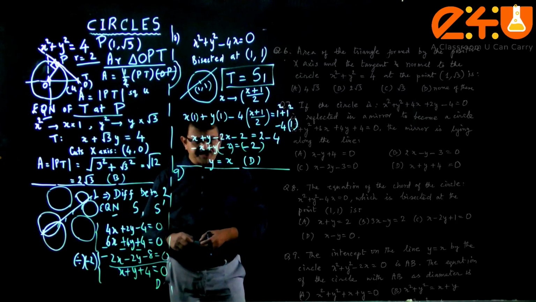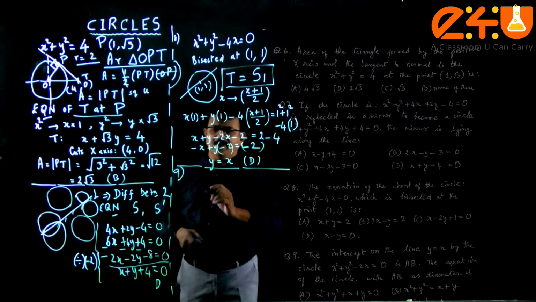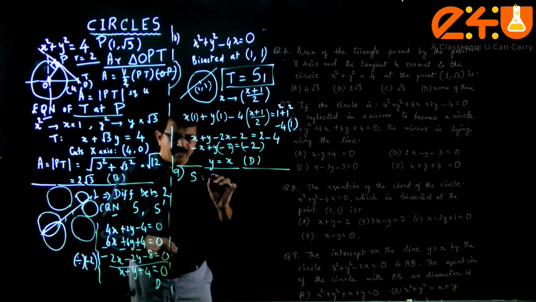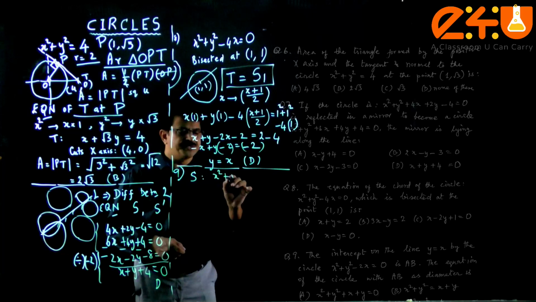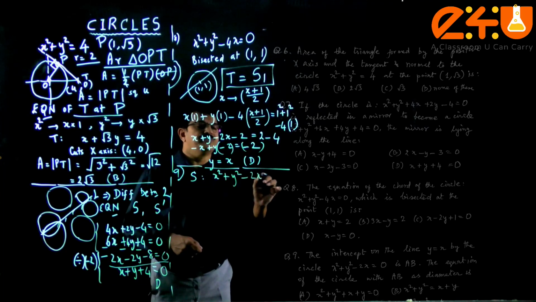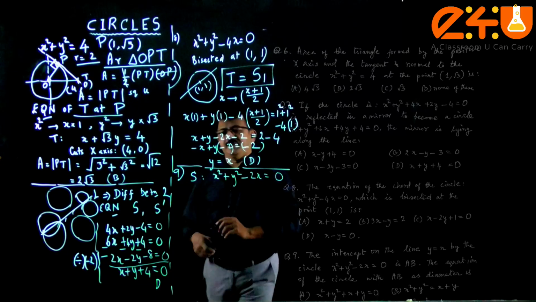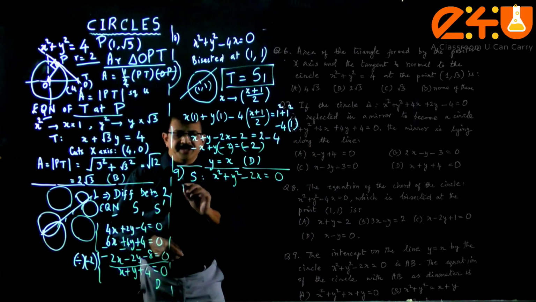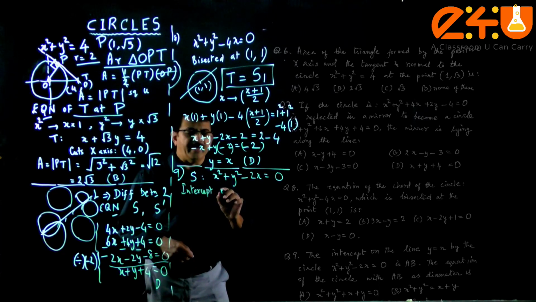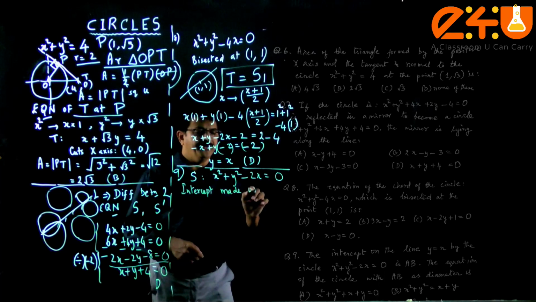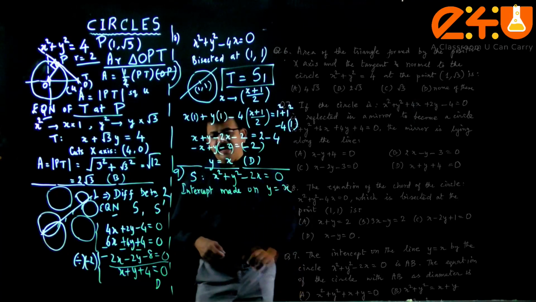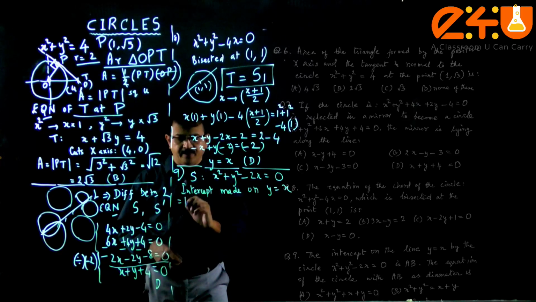The intercept on the line y equal to x formed by the circle. The circle is x squared plus y squared minus 2x equal to 0. This is the given circle, and we are discussing the intercept made on the line y equal to x.